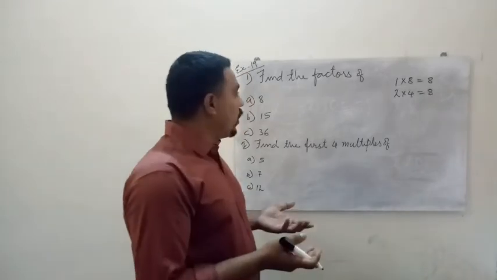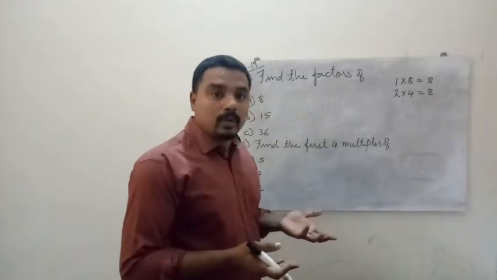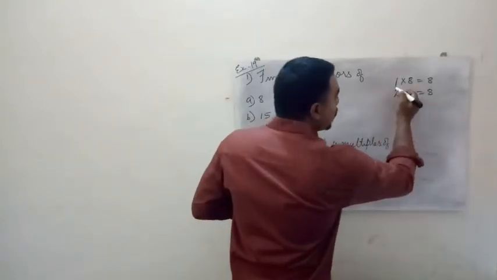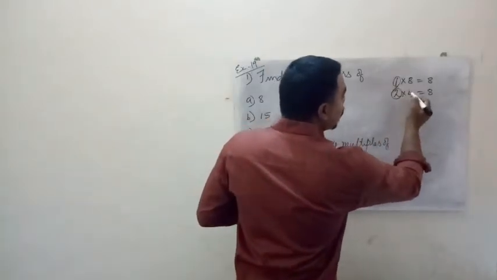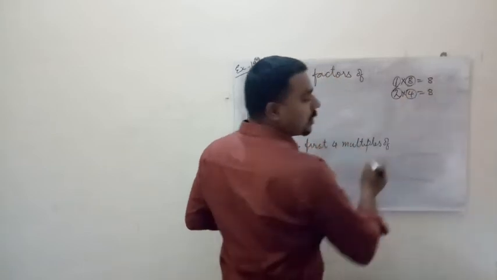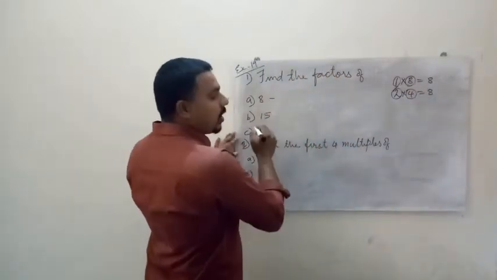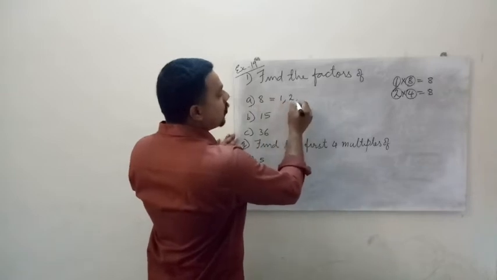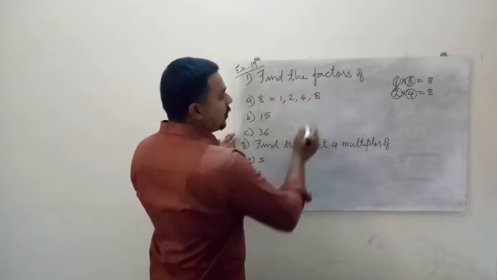Any more numbers? No, it is impossible. Only this much. So the numbers are 1, 2, 4 and the number itself. We can write the factors of 8 as 1, 2, 4 and 8.